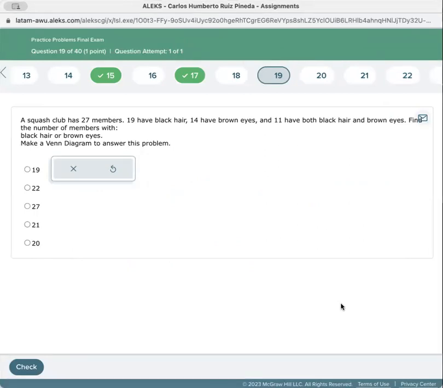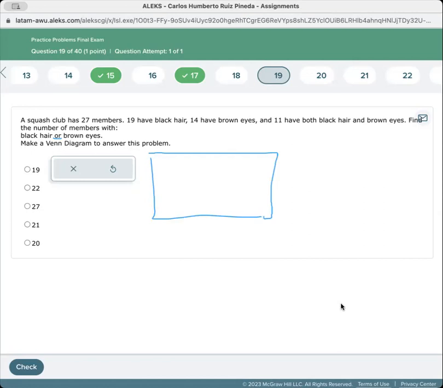have brown eyes, and 11 have both black hair and brown eyes. Find the number of members with black hair or brown eyes. That means you need to find the union, okay, without repeating numbers. So we need to find the following. Let's create our Venn diagram.